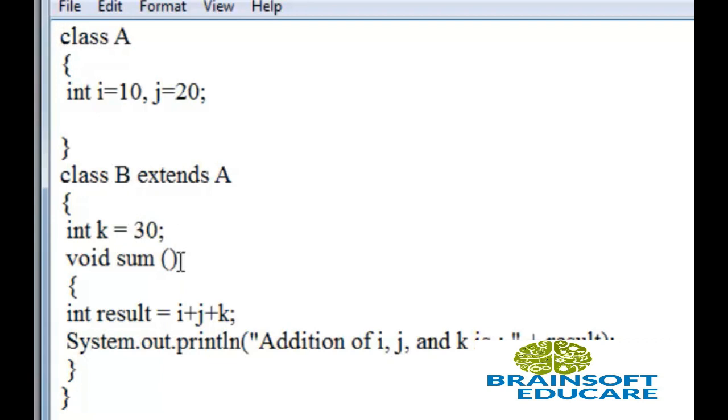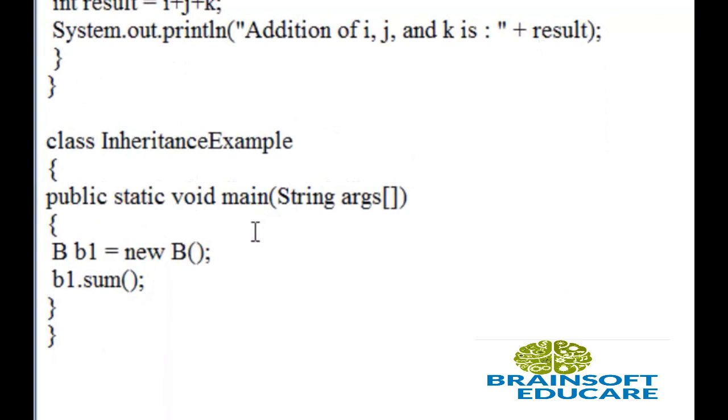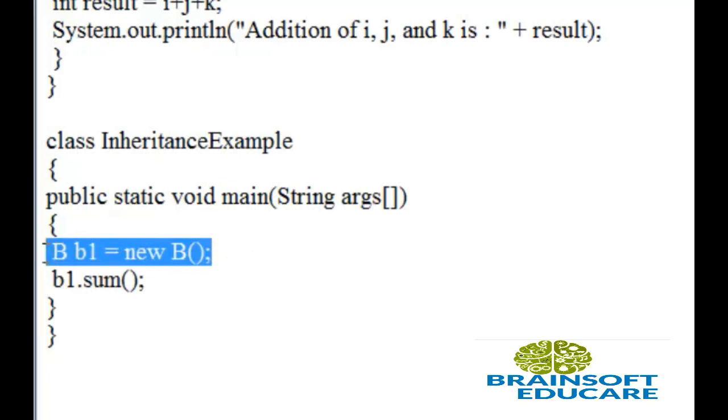In the method sum, we are going to use the variables i and j of the superclass. This is a very simple example of inheritance. In the main class, we don't need to create an object of class A. Here b1 is the object of class B, which calls the method b1.sum.